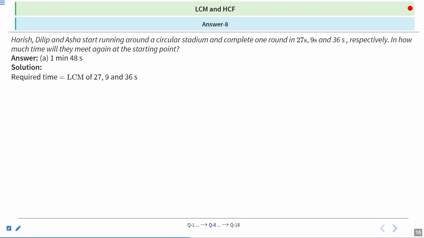So the required time should be the LCM of 27, 9, and 36. And the LCM of 27, 9, and 36 is 108. 108 seconds means 1 minute and 48 seconds, because a minute has 60 seconds and 108 can be written as 60 plus 48. So 1 minute and 48 seconds is the required time after which Harish, Dilip and Asa are going to meet again at the starting point. So option A is the correct answer.